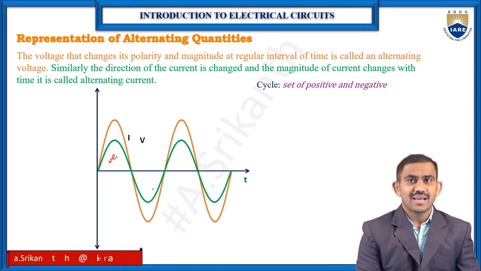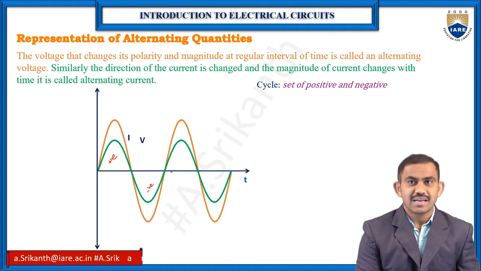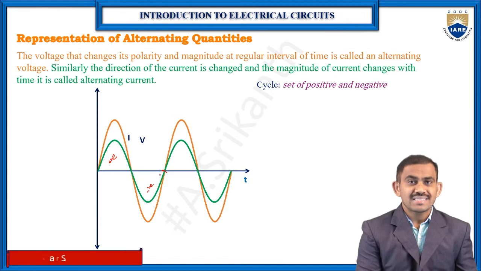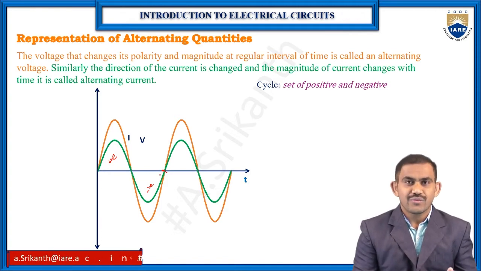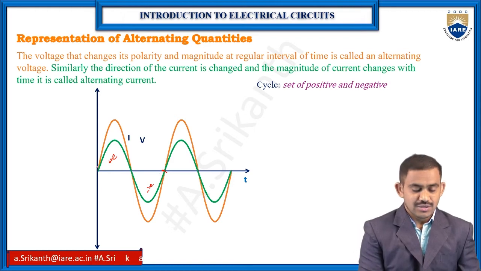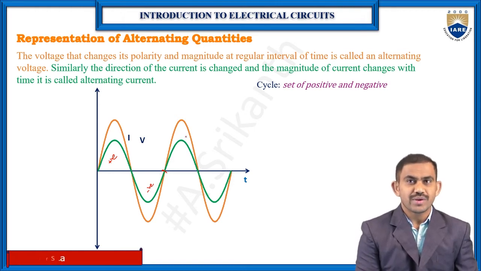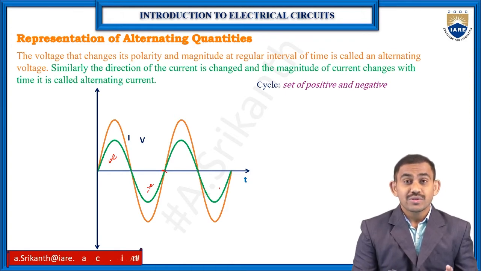This total is one cycle. So in this total waveform, I have two cycles: one positive peak and one negative peak, and again one positive peak and one negative peak.